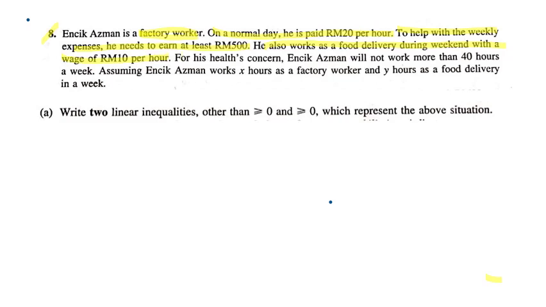For his health concern, Jasmine will not work more than 40 hours a week. Assuming Jasmine works x hours as a factory worker and y hours as food delivery in a week, you have to write two linear inequalities to represent the situation, using x and y.